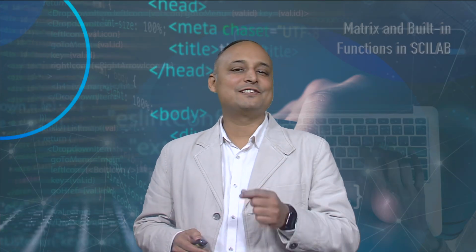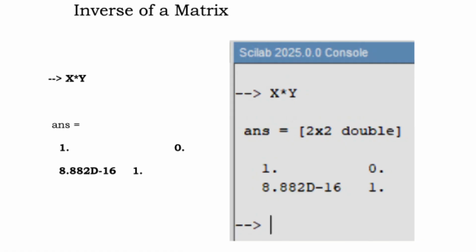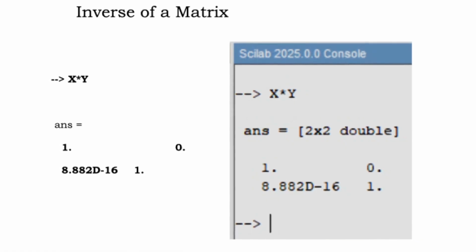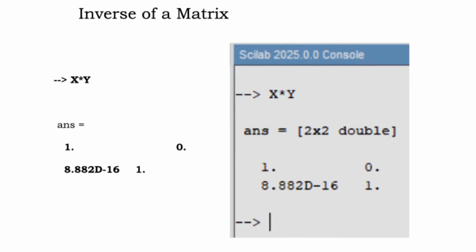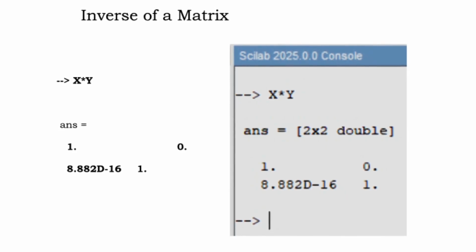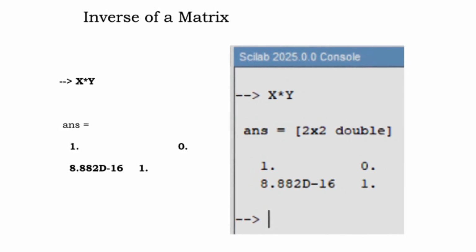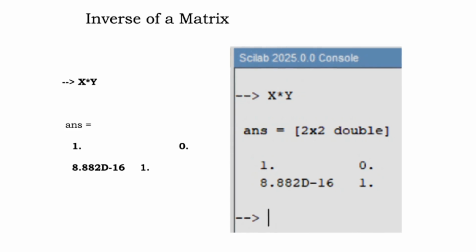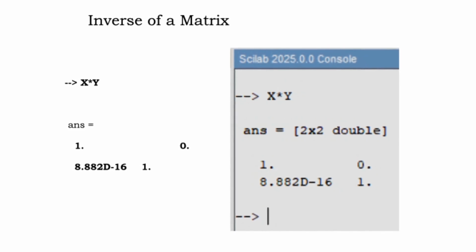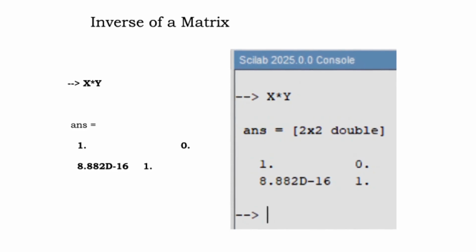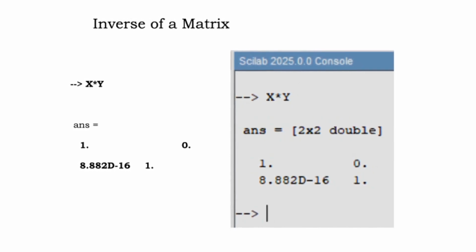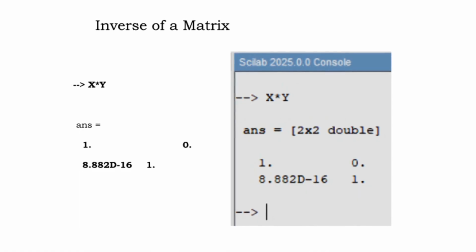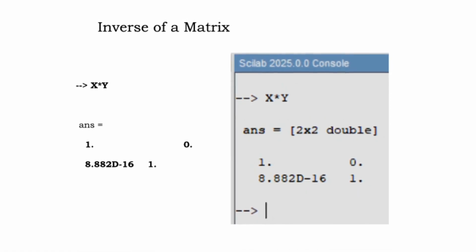To check the correctness of the inverse, let us compute x times y. If this results in the identity matrix, then y is the correct inverse of x. In this case, x times y results in the matrix as seen here: 1, 0, then 8.882 times 10 to the minus 6, and 1.